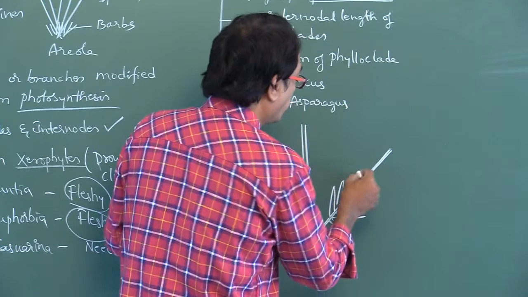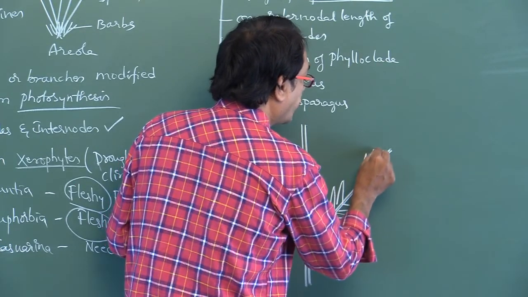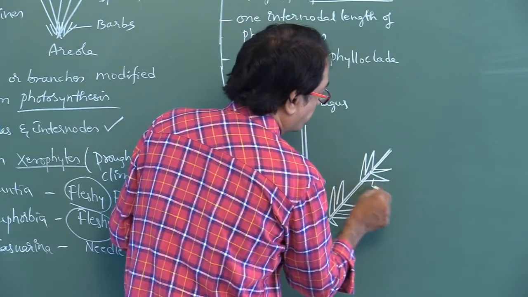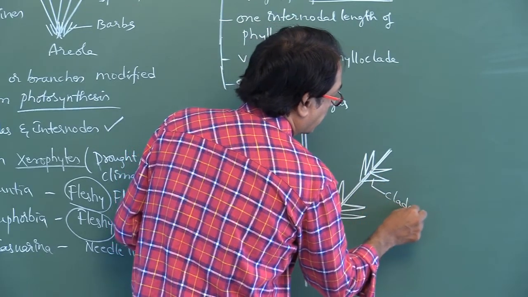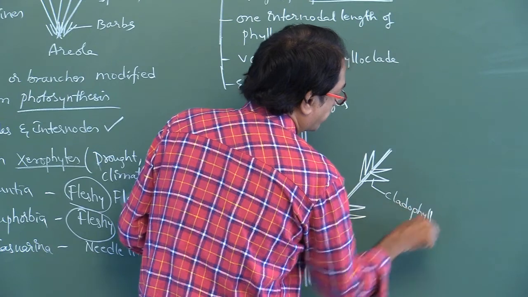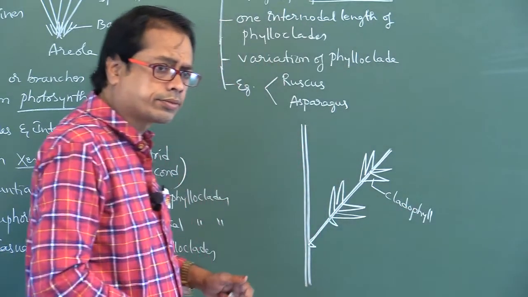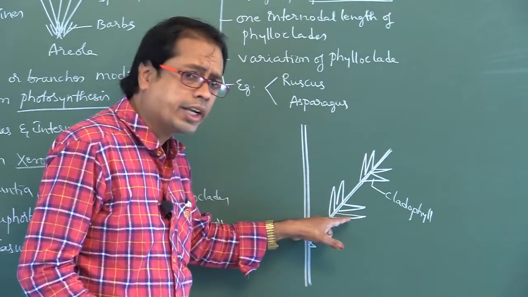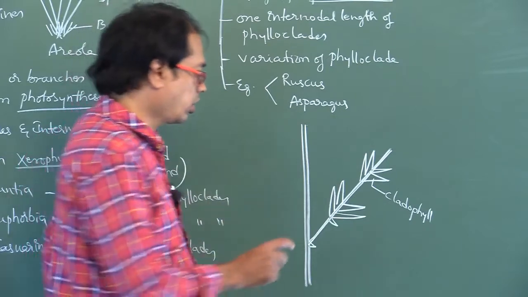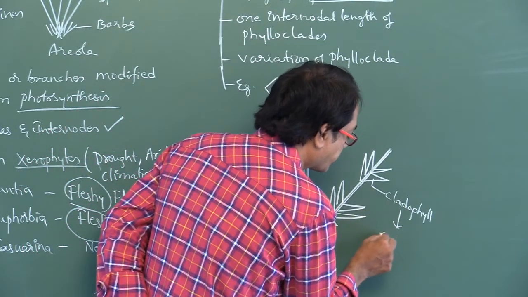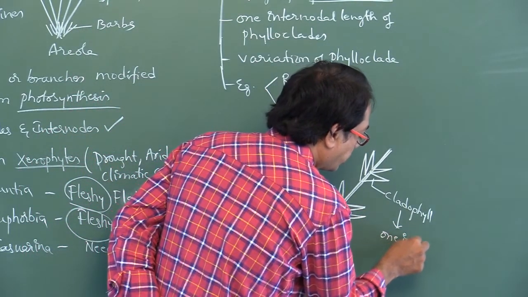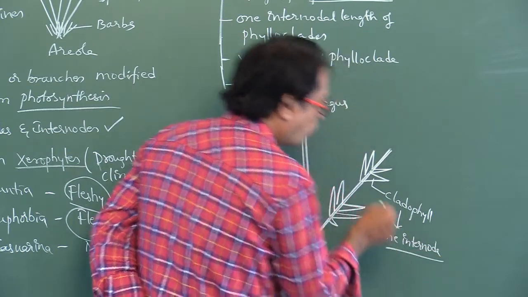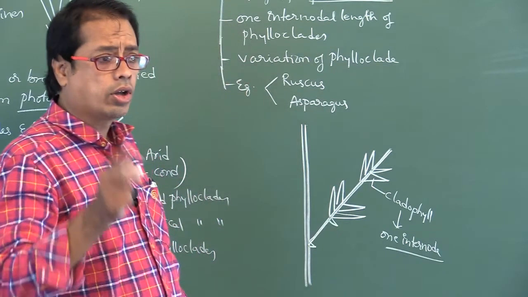And here also again branches of limited growth. So this is so called cladophyll. Okay, so these are called cladophylls. So how many internodes are present? Only one internode. Cladophyll contains one internode, one internodal length of phylloclade.